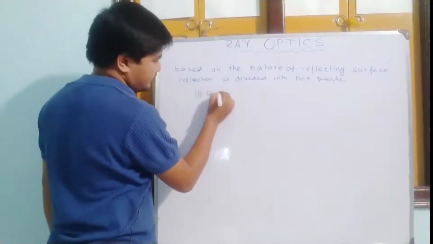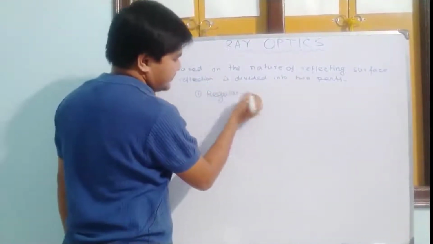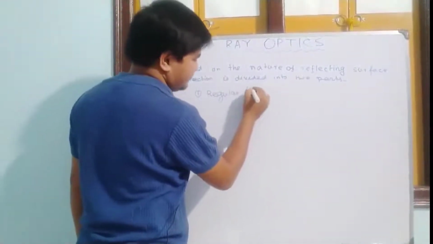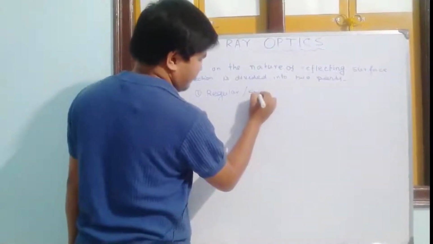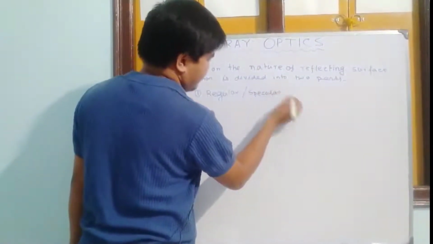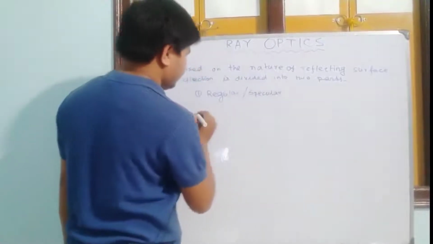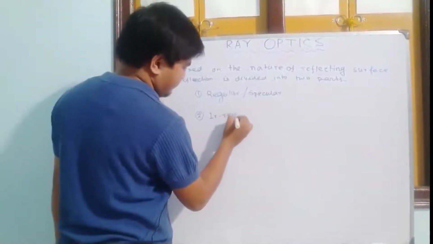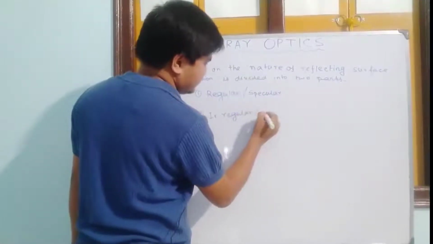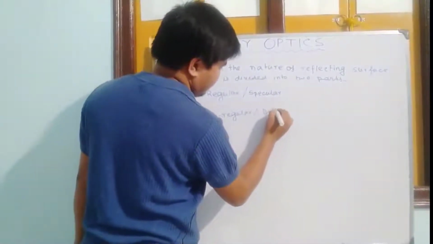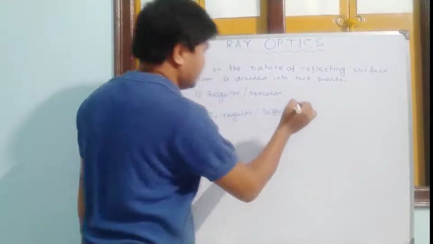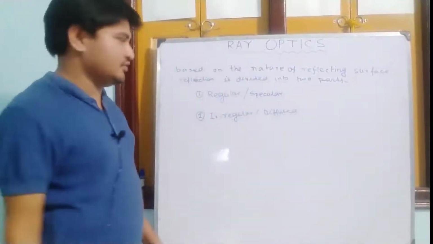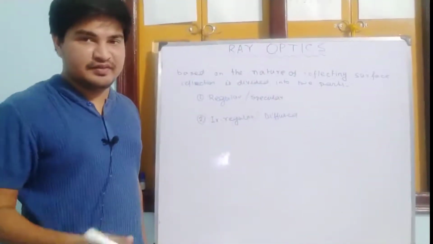One is regular or specular, and second is irregular or diffused reflection. What is regular reflection?